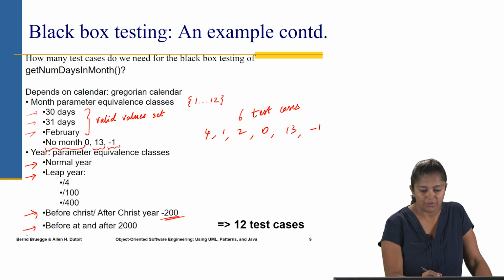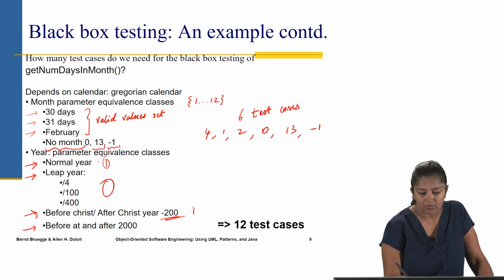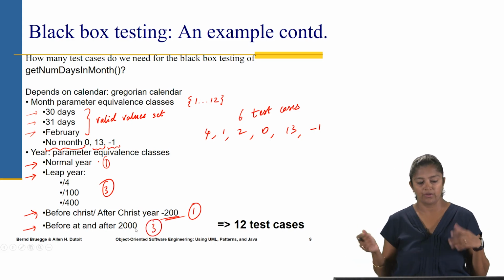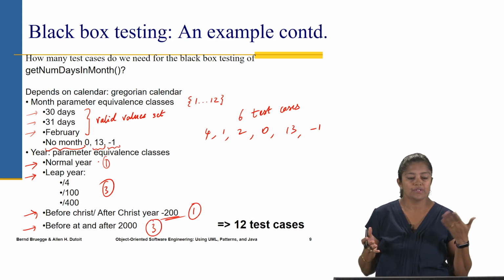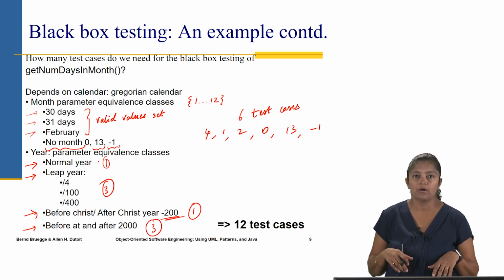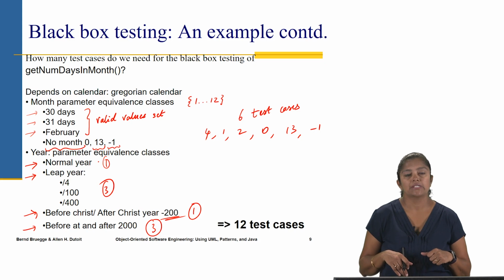So basically, if you do the accounting, there's 1 here for normal year, 3 for leap year, and then 1 here for before Christ, and then 3 over here at 2000, before and after. So now if we sum up all of these, we get about 12 different test cases.